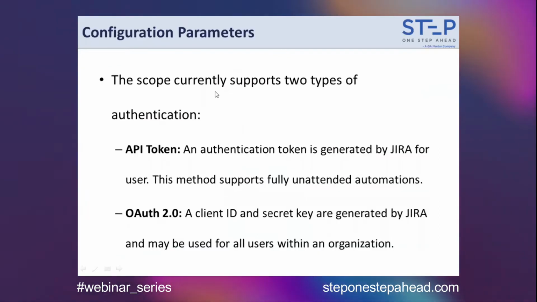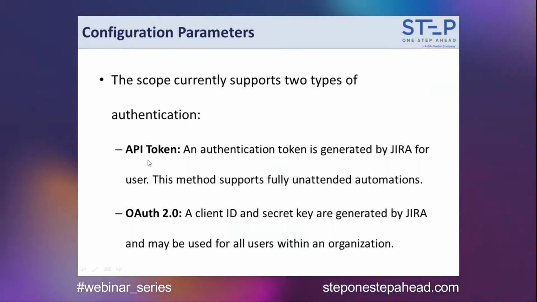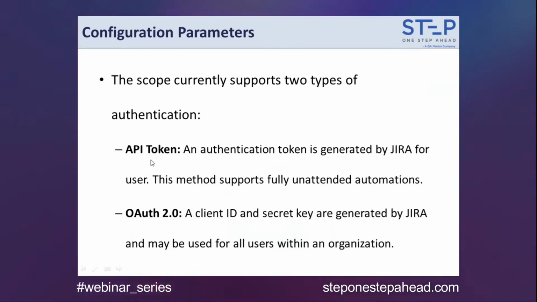This is the configuration parameters. The Jira scope provides two types of authentication. If you want to integrate Jira with any third-party application, we have two options: one is API token and the other is OAuth 2.0. API token is an application programming interface token, which is generated by Jira itself.